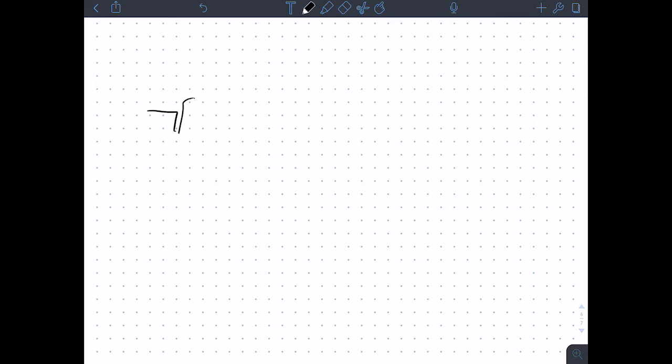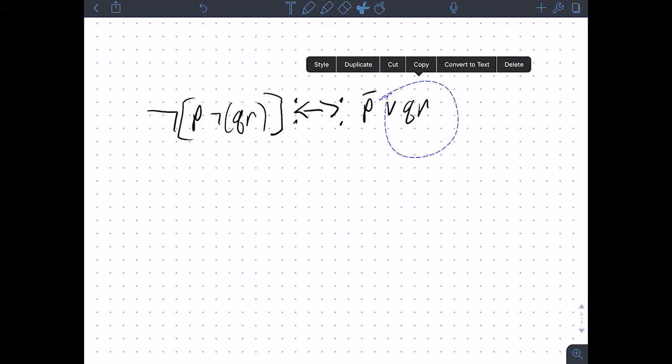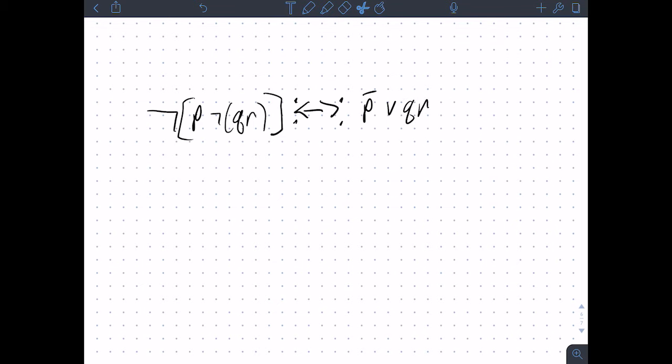If we have the negation of P and not Q and R, that's equivalent to, and we can replace it with, not P or not not Q or not R. Again, double negations cancel out. Once you get good at this, there's no reason not to go straight to not P or Q, not R.